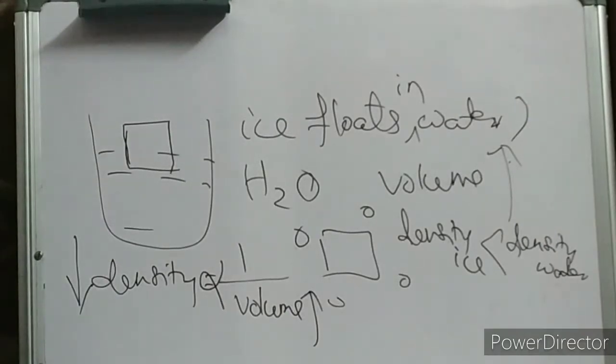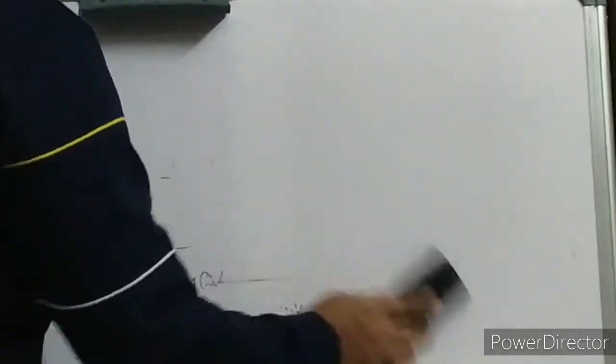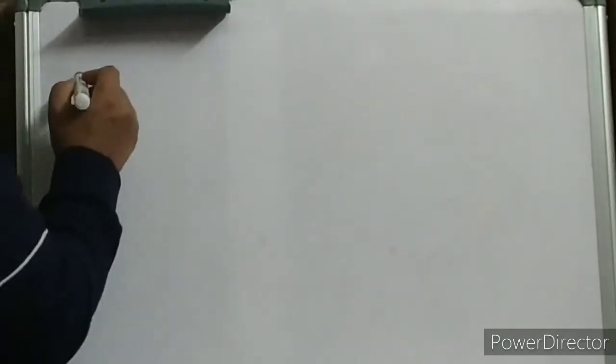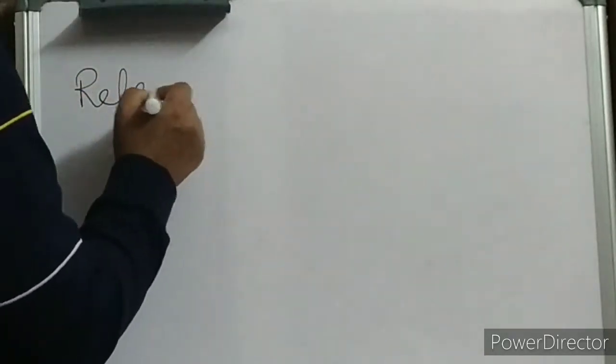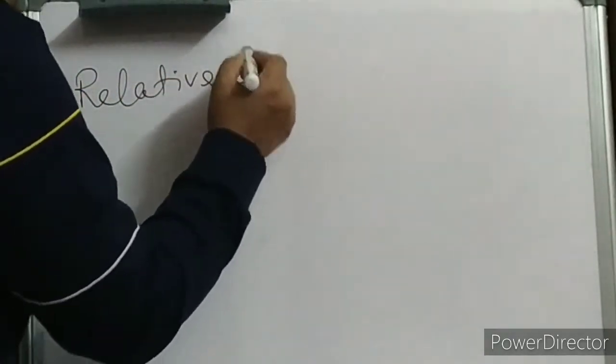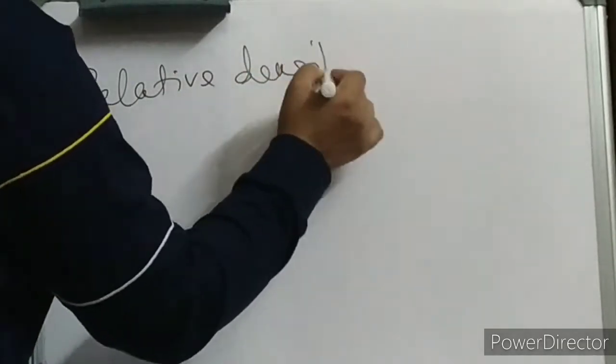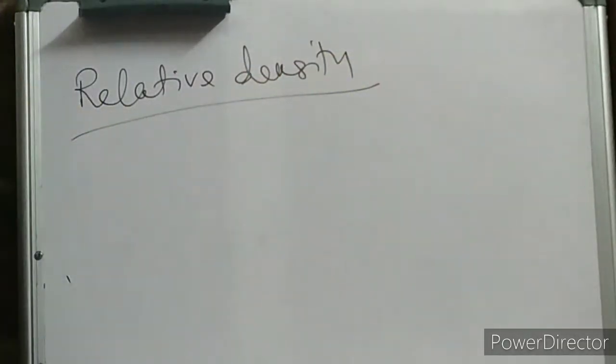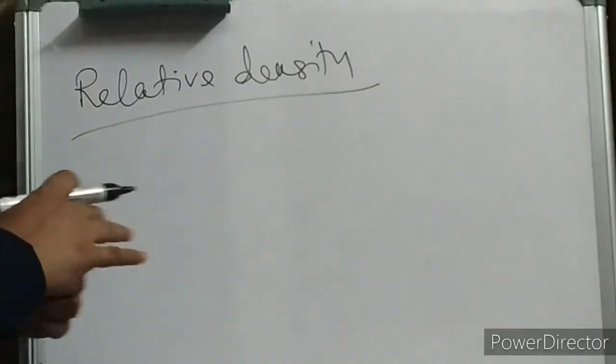Now we'll discuss today's topic, that is relative density. Relative, what does it mean? Relative density, children, as the name suggests, is something relative, nothing absolute. Relative means you are comparing something.